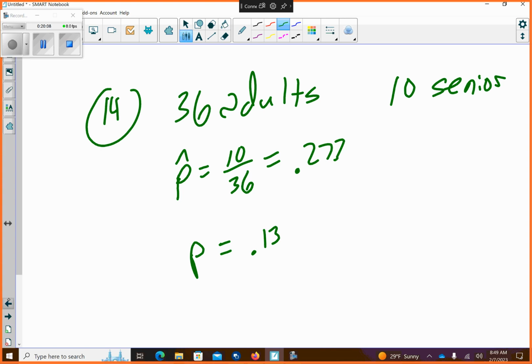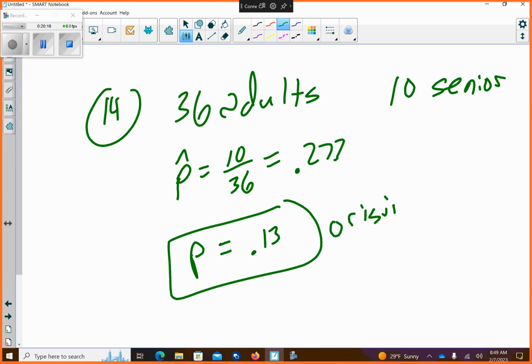Oh, duh. Okay. So this came from the original problem of the known population, of which 13% were old folks.